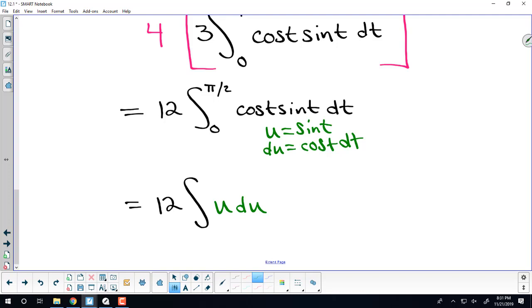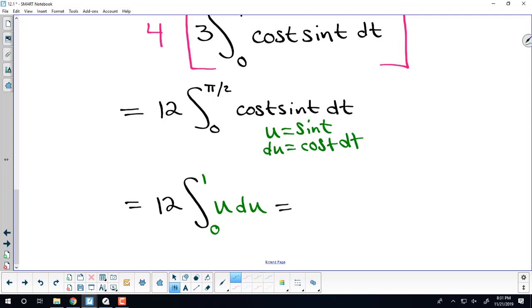What are the bounds on u though? Can we just switch it back? You can switch it back. But notice if t is 0, u is 0. If t is pi over 2, u is sine of pi over 2. I personally like doing that. If you like to switch it back after, that's totally fine too.